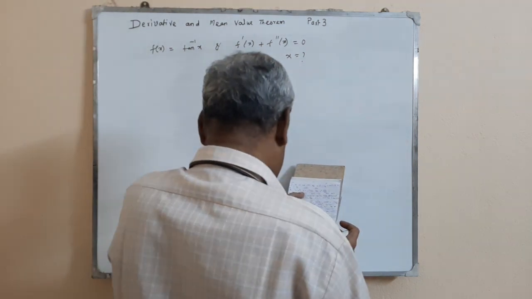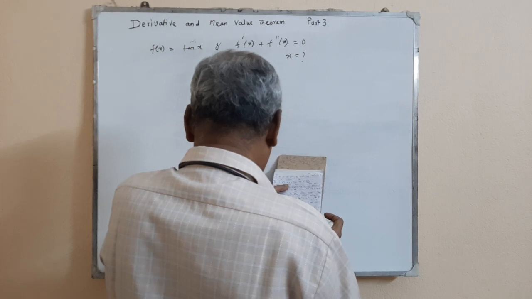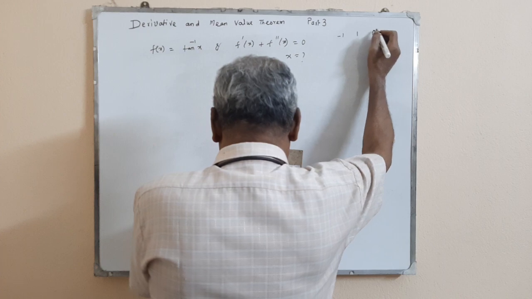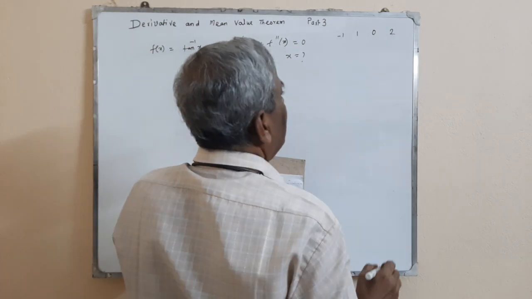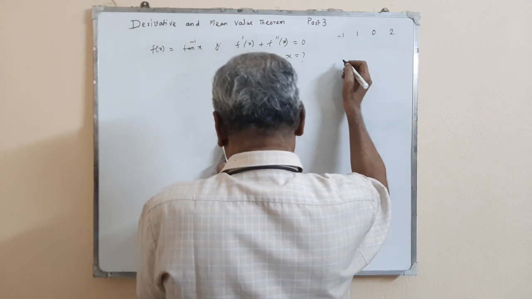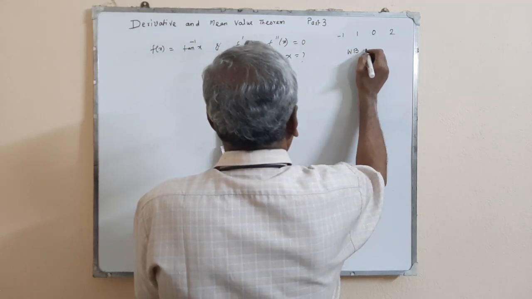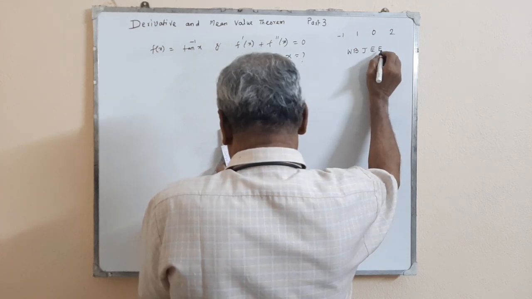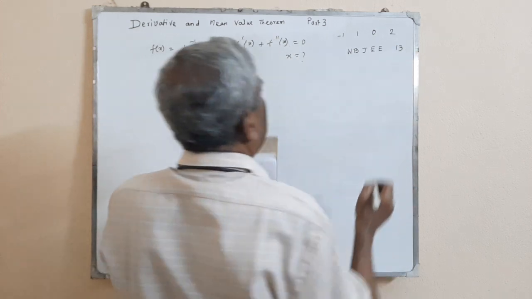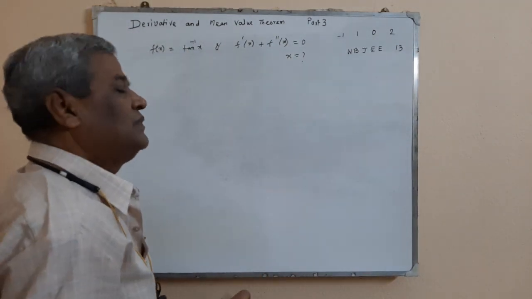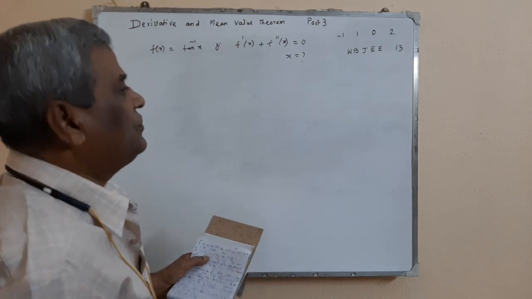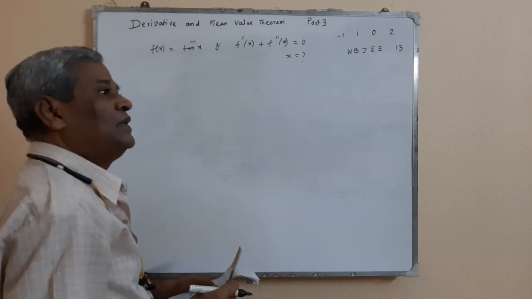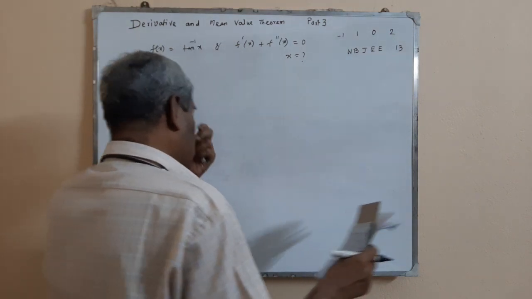Options: minus 1, 1, 0, and 2. That problem was given in WBJEE in 2013, and the previous problem, what I just did, was given in the West Bengal Joint Entrance Examination in the year 2012. I forgot to mention it.